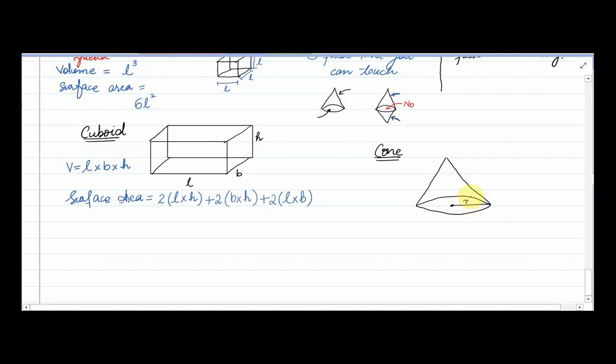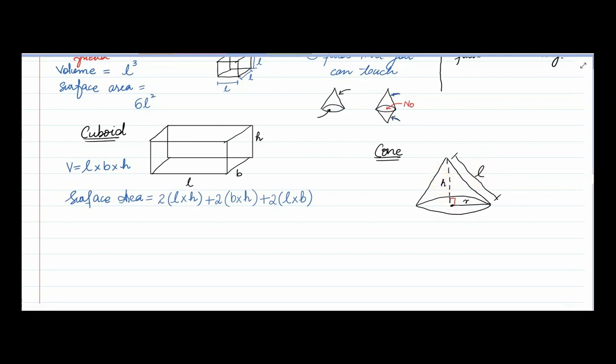This length is a slant height represented by L, and the straight line from the top to the center at 90 degree, that is our height. Now you see that I make a 90-degree angle with the red pen because I need your attention. Height is always at 90 degree. If the length is not at 90 degree, it might be a slant height, but the height must always be at 90 degree.